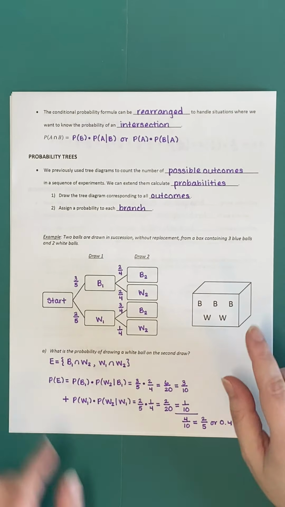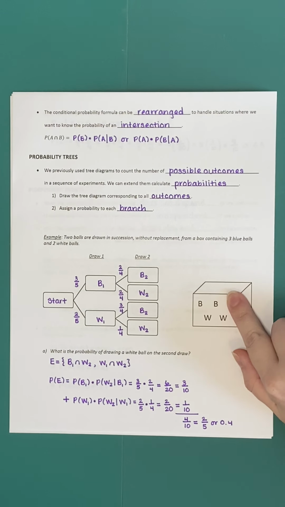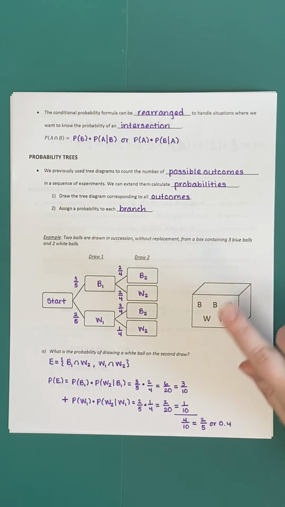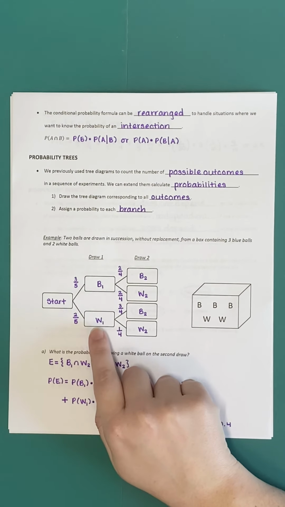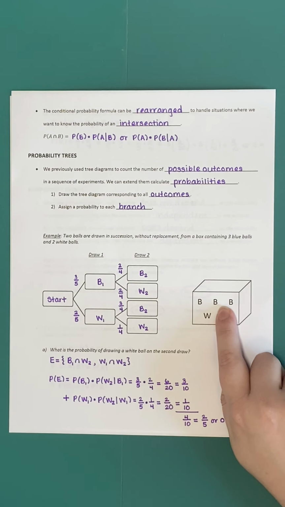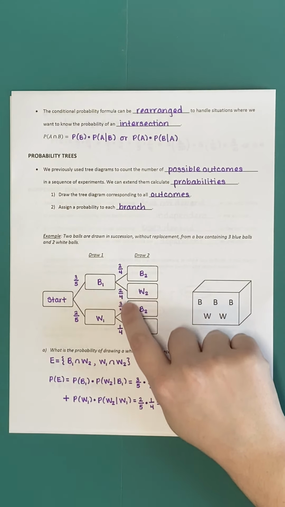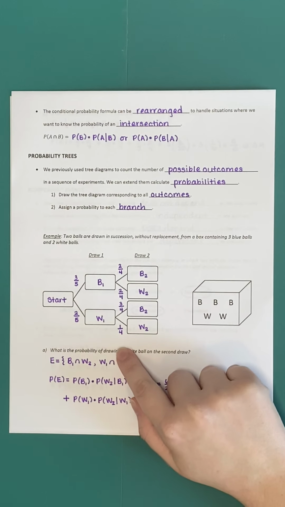Okay. When you draw the first ball, say you drew blue the first time, notice that changes the likelihood of drawing blue or drawing white the second time. How do we know this? Well, if we were to draw white first and then draw again, the probabilities are different for our second draw. The reason we know there's some dependence here is based on the fact that the probabilities change for the second draw.